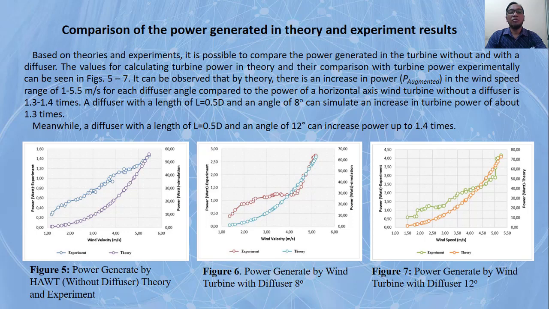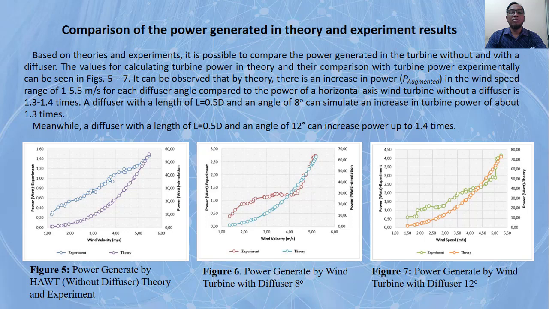A diffuser with a length of L equal 0.5D and an angle of 8 degrees can simulate an increase in turbine power of about 1.3 times.